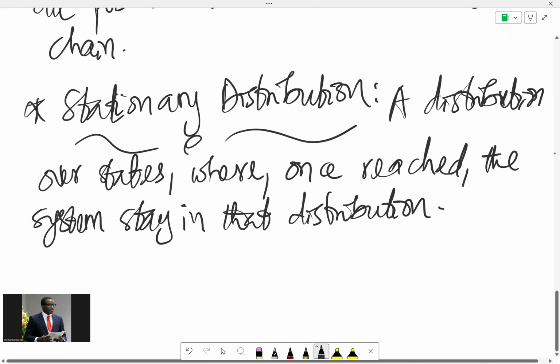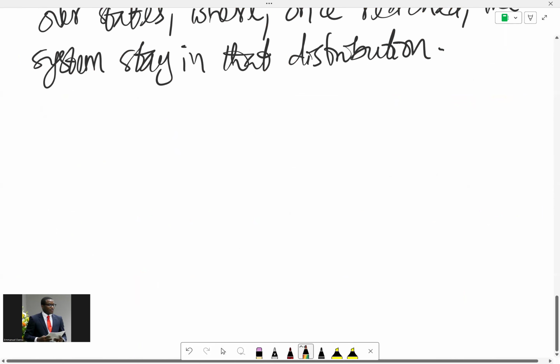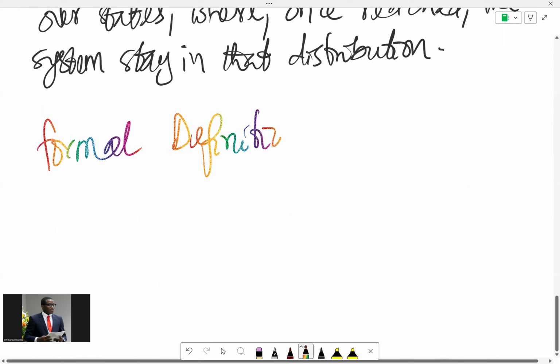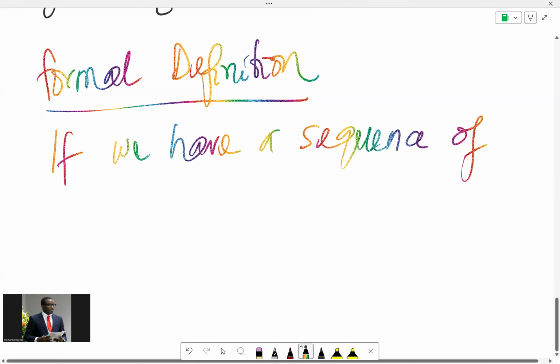Okay. Now let's talk about the formal definition of a Markov chain. Of course, by formal, we'll be talking about a mathematical definition. So imagine that we have a sequence of states S1, S2, S3, and so on.